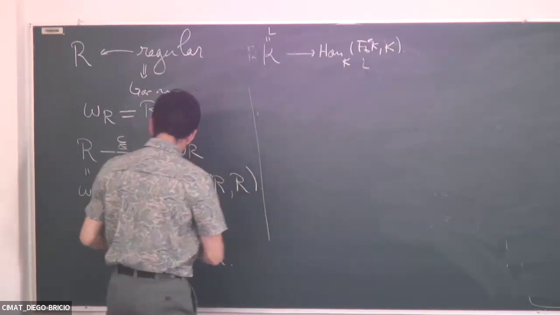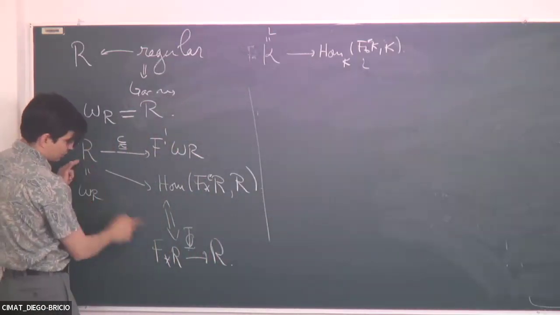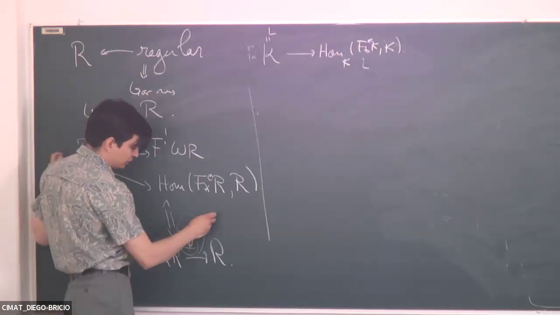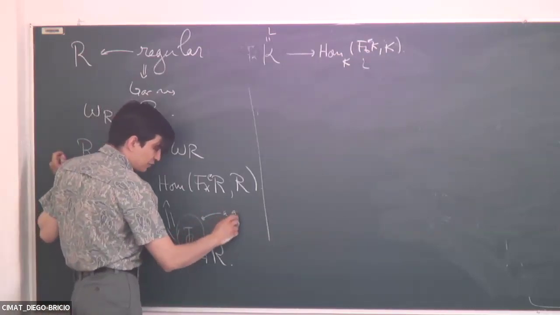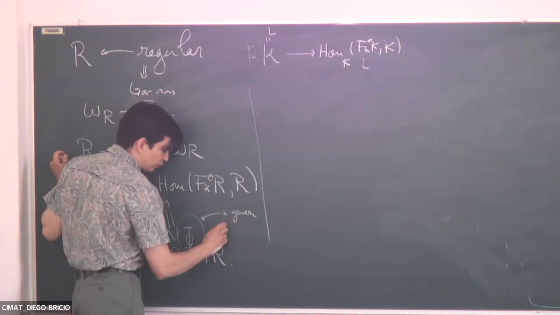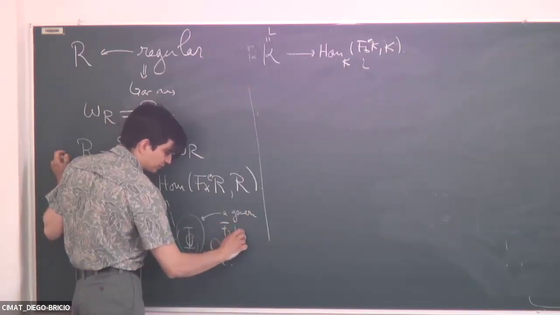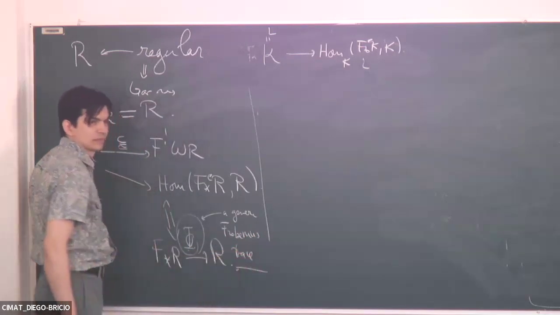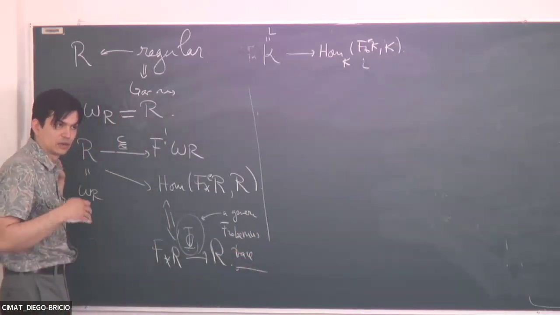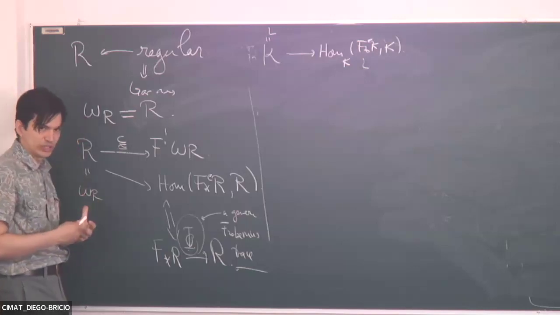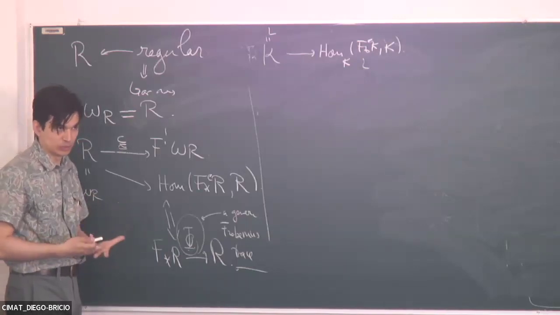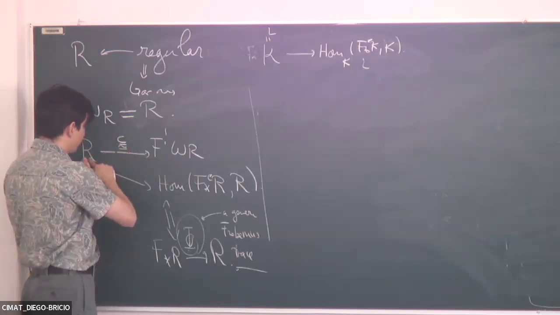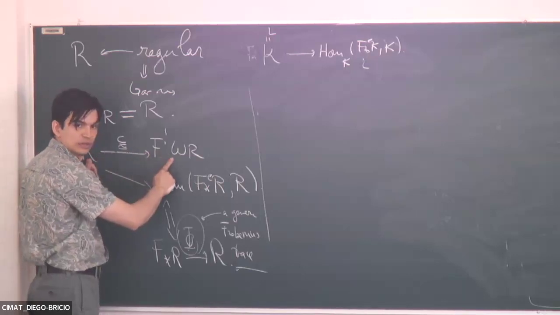Okay? And so I'm going to choose my map that sends R to something in here to be this. So this map that I'm choosing here is going to be a generic Frobenius trace. Fields are Gorenstein rings for which I can cook up a Cartier operator because these two things are isomorphic. I can always find an isomorphism from here to here.